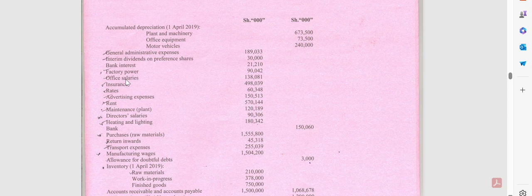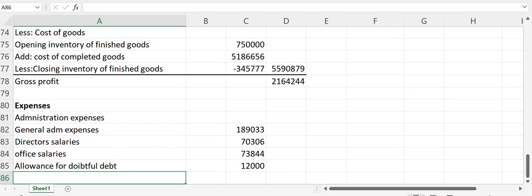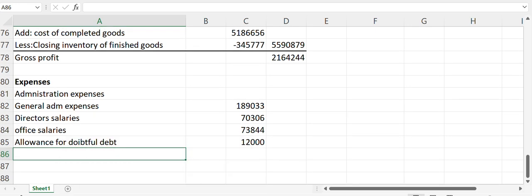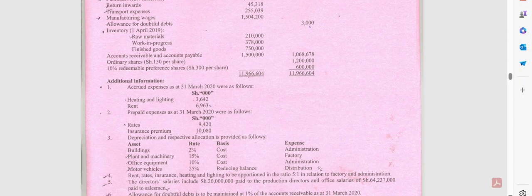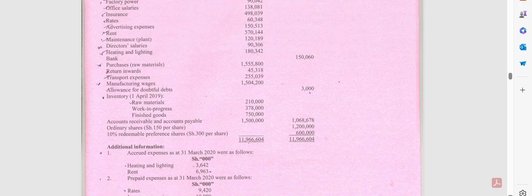Let us check now for any other item. Factory officers we are done, insurance rates we were done, rent we were done, maintenance we are done, director salaries we are done. Heating, lighting, advertising we are not yet done. Advertising expenses will be recorded under selling and distribution.